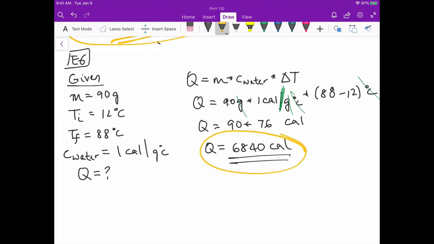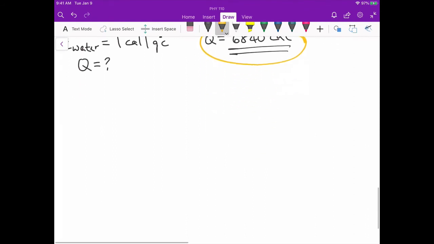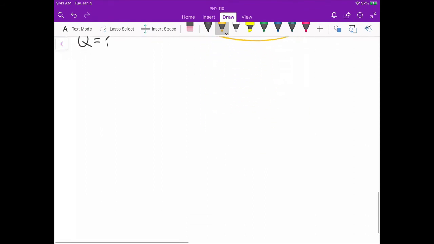Okay, then let's add one more. E9. E9 states the following.